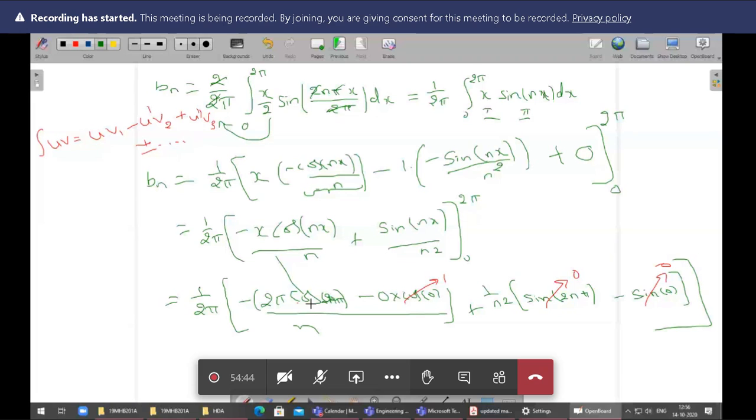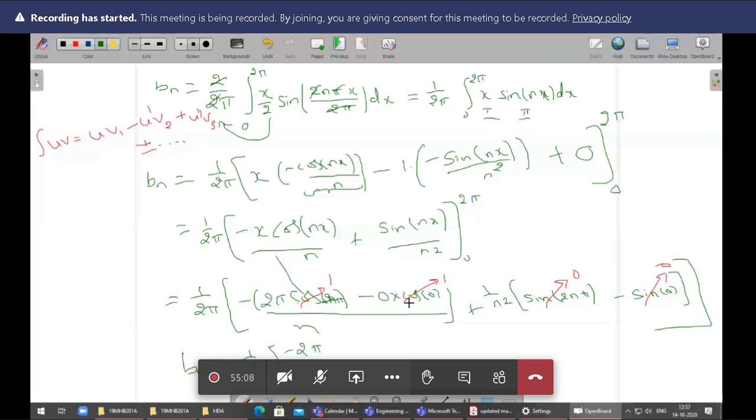So simplifying, we get b n equals 1 by 2 pi with negative 2 pi, and then 0 into anything is 0 divided by n.